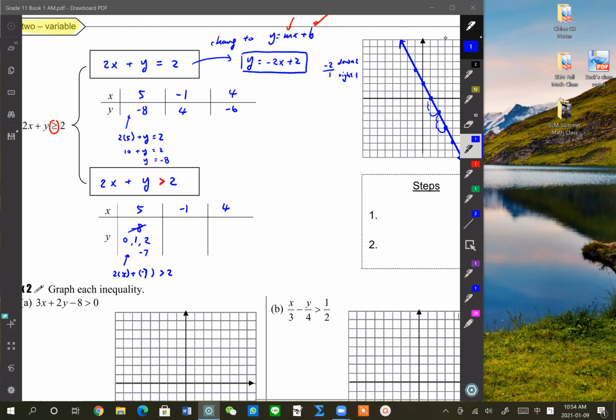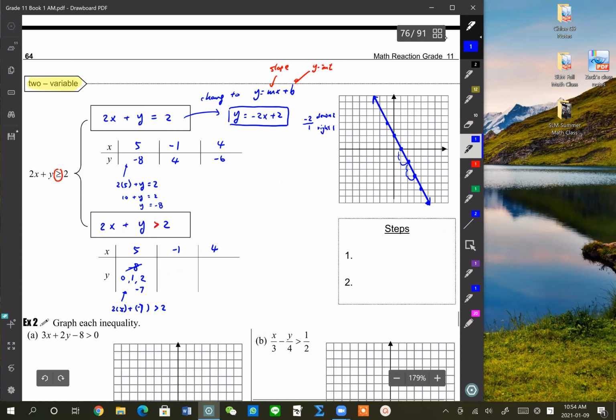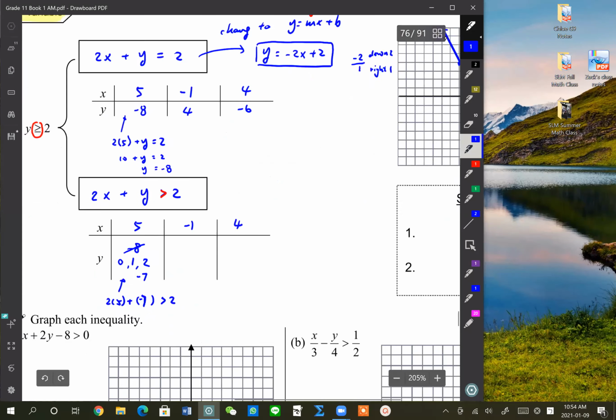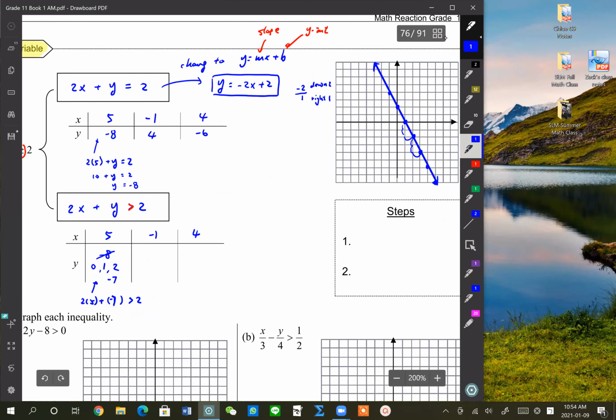So anything bigger than negative 8, because from the top one, we know negative 8 was the equal. It's like the line hitting a boundary. So if I plot these points, 5, 0, let's look at the graph. 5, 0 will be this point. 5, 1 will be here.